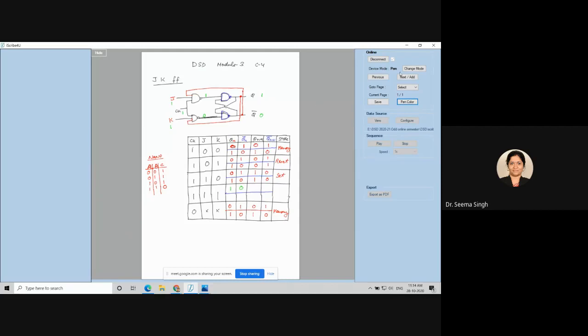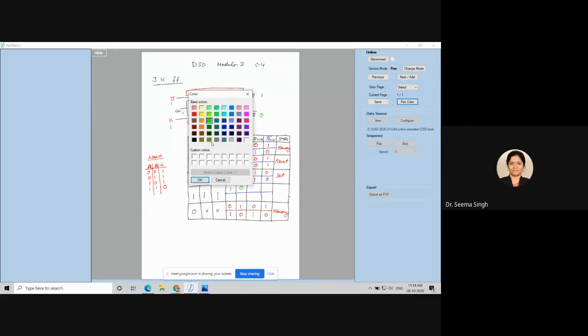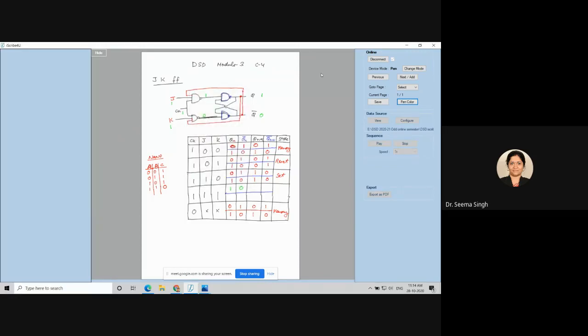Okay, I will change the color of the pen. As soon as it sees a 0 here, without bothering about this feedback, it will make this as 1. Now what you will see, this 1 will be going as feedback here, and this 1 and 1 will make this 1 as 0.